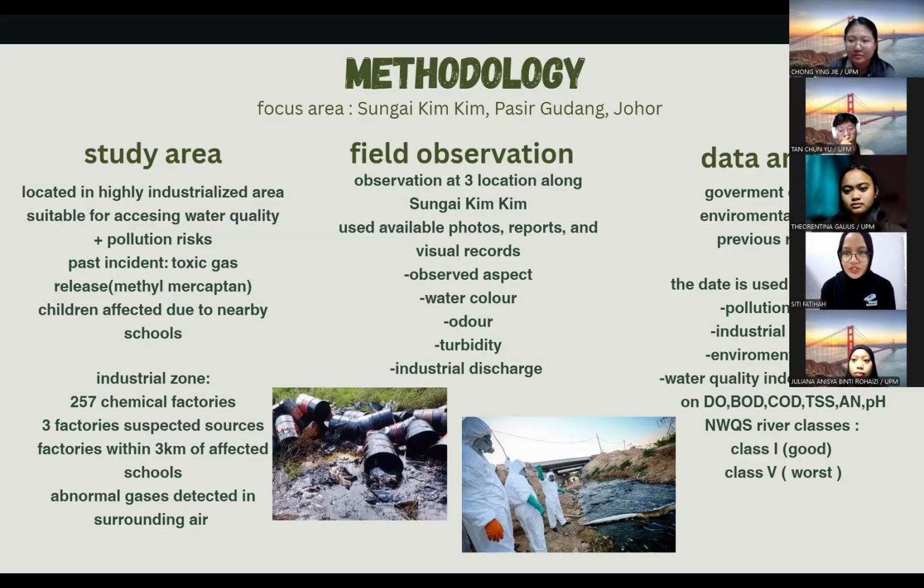And the last one, we use data analysis. For data analysis, we collect information from government reports, environmental agencies, past studies, and news articles about the Sungai Kim Kim incident. This data helps us understand the history of the contamination and the industrial activity around the river. We then use the water quality index, which is based on 6 parameters: DO, BOD, COD, TSS, and pH.